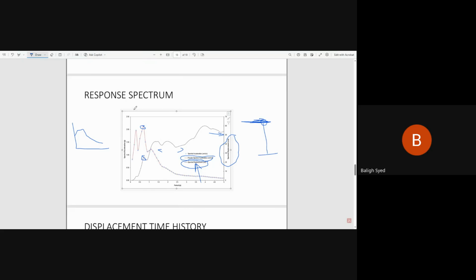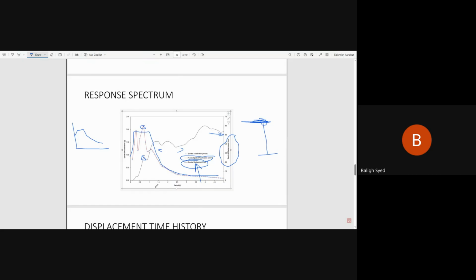This red line is pseudo. Pseudo means it's fictitious, unreal. It has constant acceleration, then it comes right here, and then it drops like this. Is it not the response spectrum curve in the code? Yes. But is it the real curve? No, it's not. It is the pseudo spectral acceleration curve.